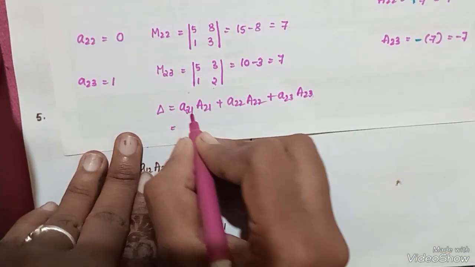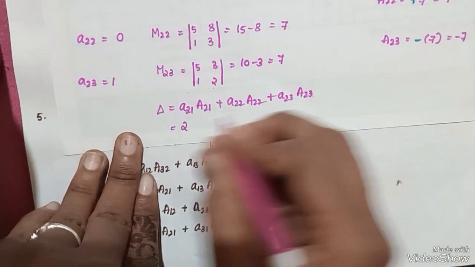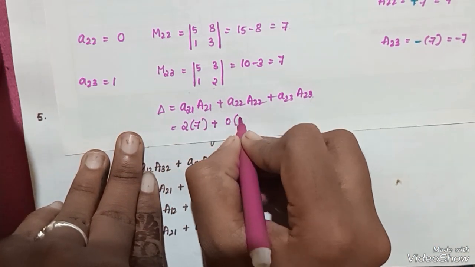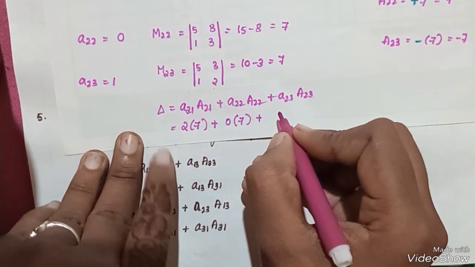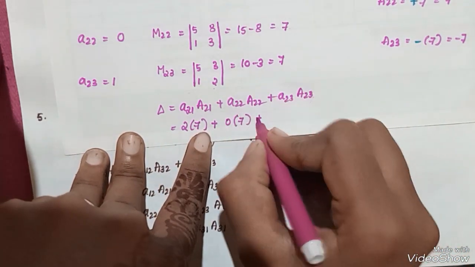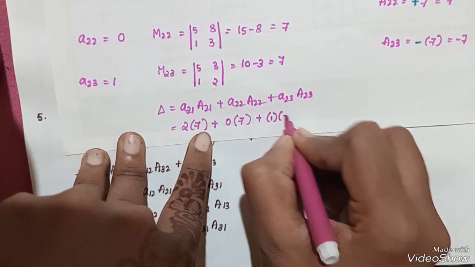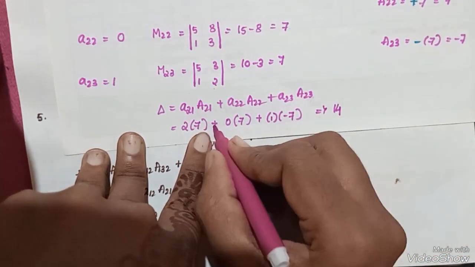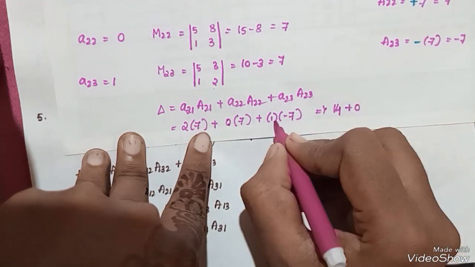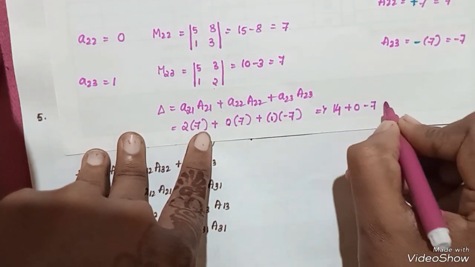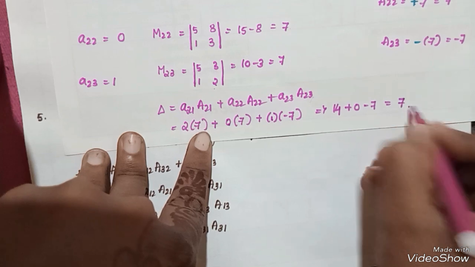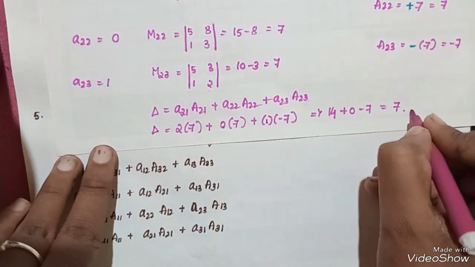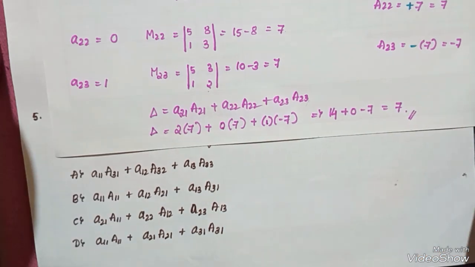A21 is 2 into 7 plus 0 into 7 plus 1 into minus 7. That becomes 2 into 7, 14, 0, and 1 into minus 7 is minus 7. 14 minus 7. Therefore, the delta value becomes 7. Here the delta value is 7.